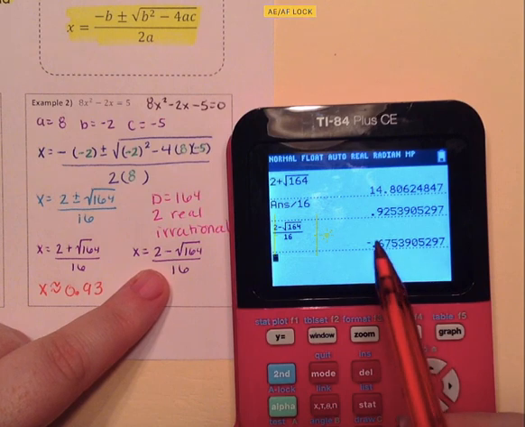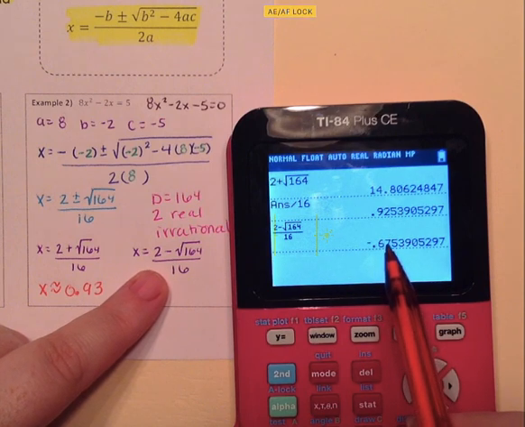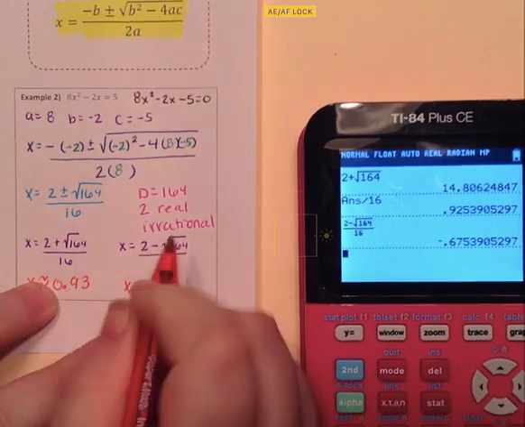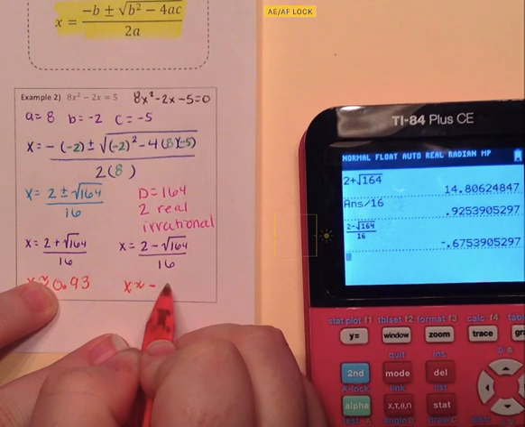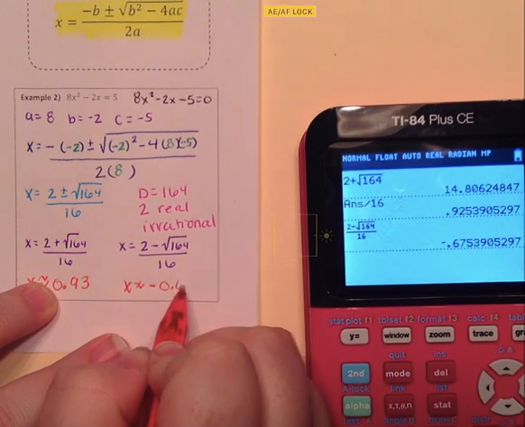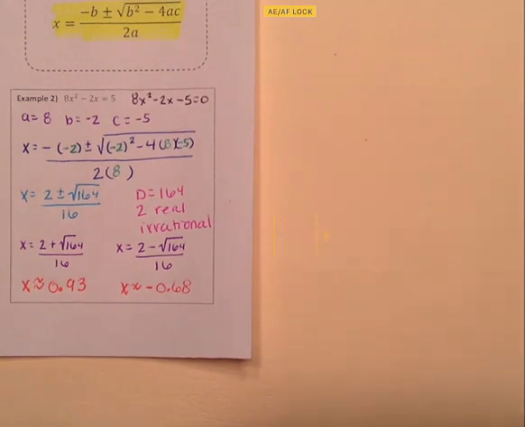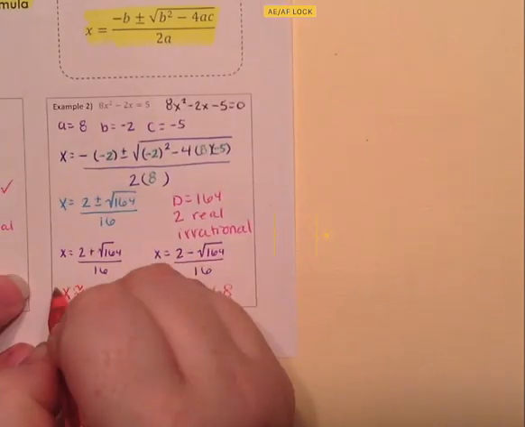So I have 1, 2, but I have to look at the third number. The 5 will make that 7 go to an 8. So this is x is approximately negative 0 and 68 hundredths. 0 and 68 hundredths, so negative 68 hundredths. These are our two solutions.